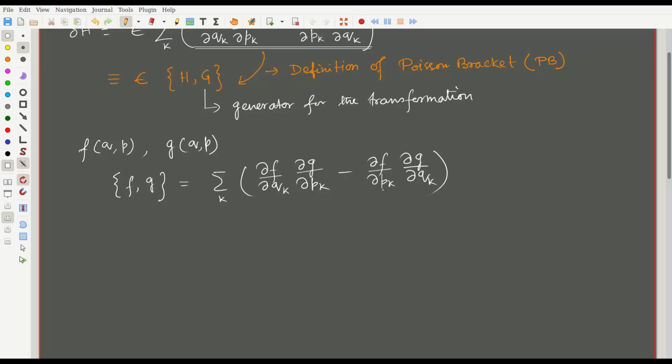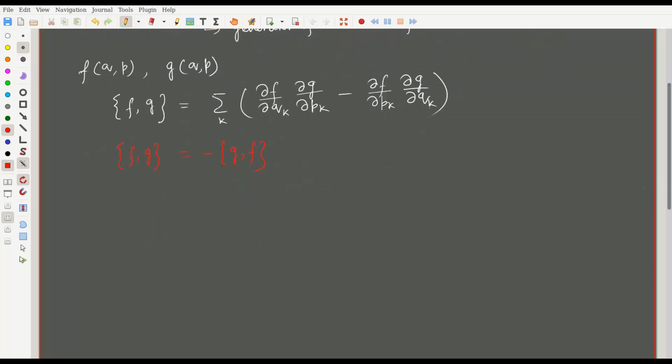Now, one easy thing to check: you check different properties, for example the linearity and the antisymmetry. So for example, {F, G} equals minus {G, F}, things like that, and the linearity and Jacobi identity.